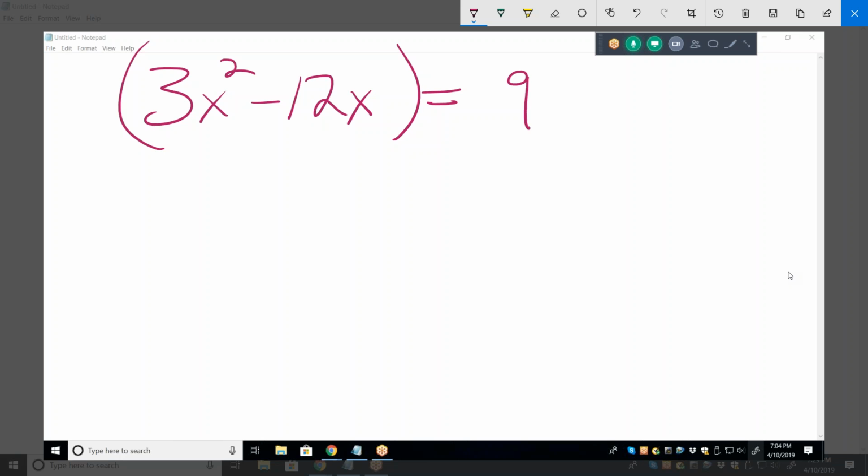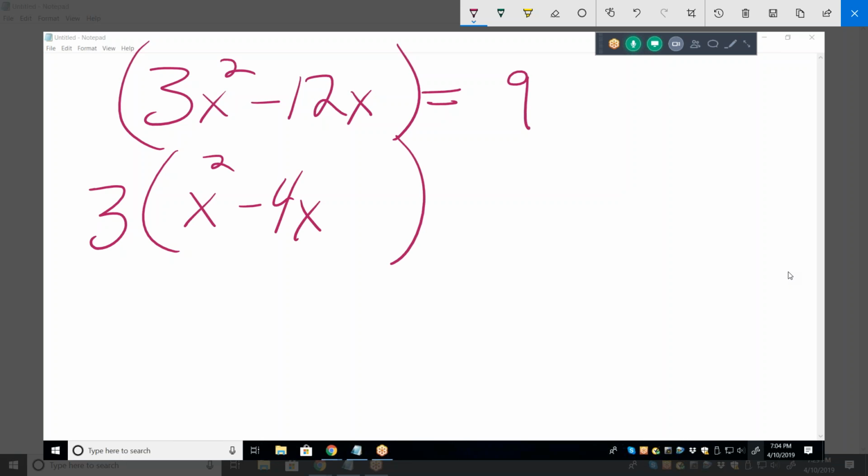Right. Okay, so what's the next line? So it'd be 3 parentheses x squared minus 4x. And this is where I then really make sure I leave room. It would be equals 9. Then half of 12 is... no, not half of 12. Half of 4.